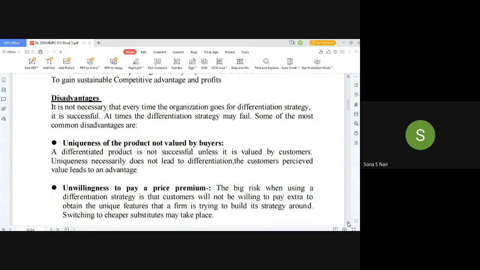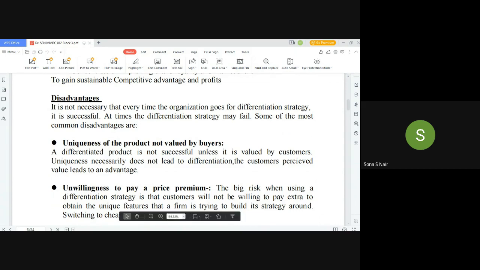So you would see there are a lot of brands where people become used to the flavors, or are bound to certain features of the product, and if the firm changes those products, then the customers would not like it.